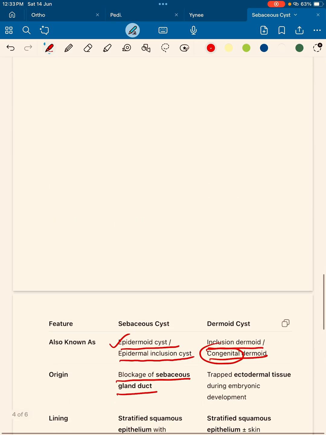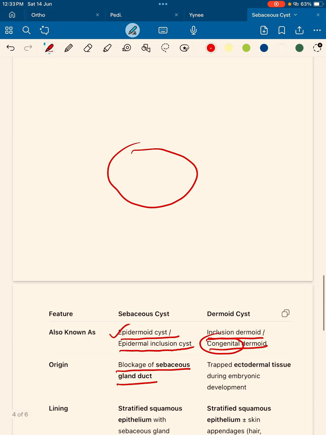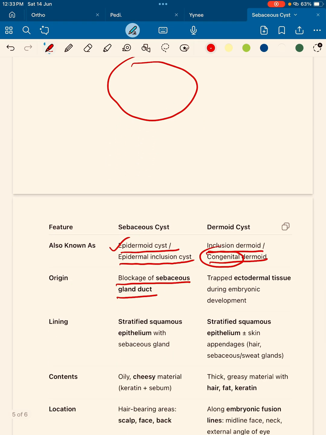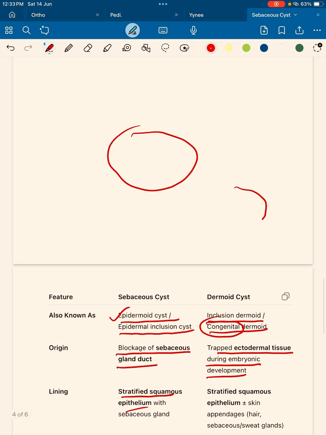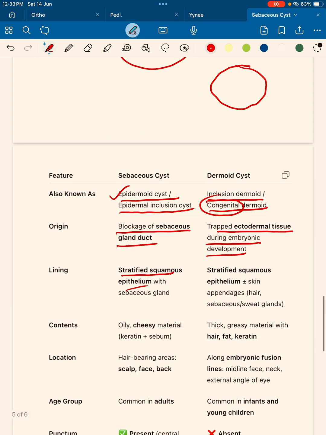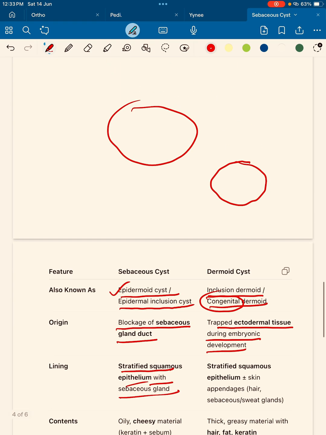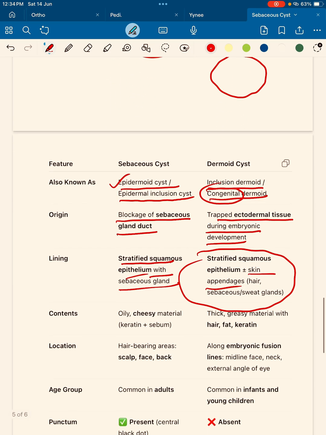The sebaceous cyst is formed by the blockage of the sebaceous gland duct, and the dermoid cyst is formed by trapped ectodermal tissue during embryonic development. Lining: stratified squamous epithelium. So we know a cyst is a closed sac lined by epithelium. The epithelium is stratified squamous epithelium with sebaceous gland in sebaceous cyst, and with skin and appendages like hair, sweat gland, etc. in dermoid cyst.